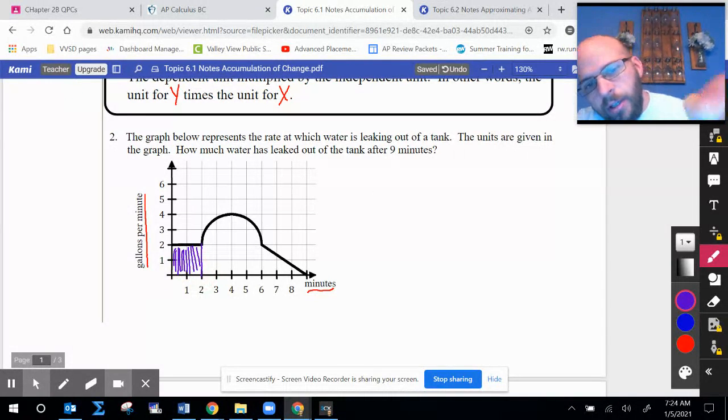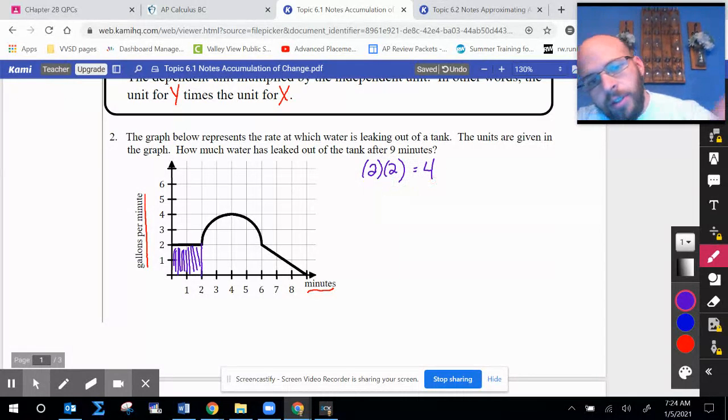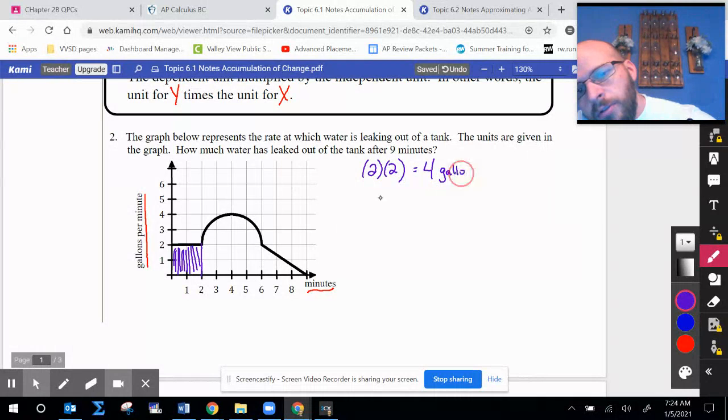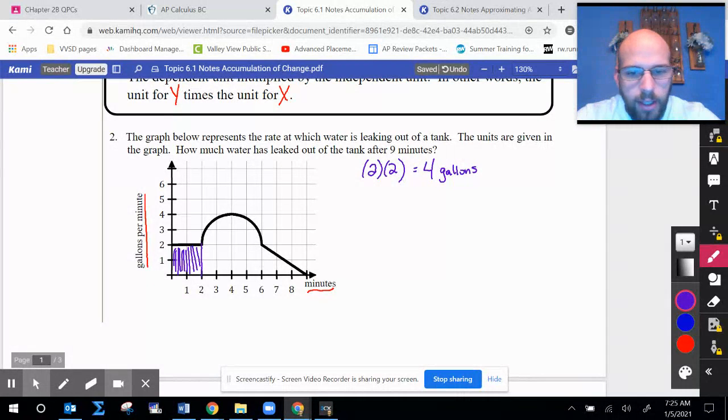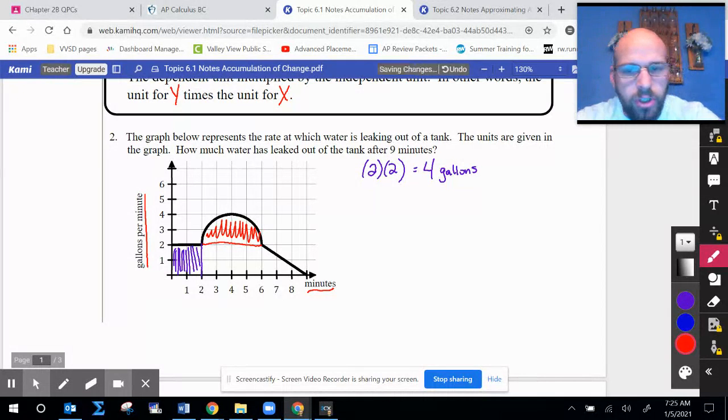So I have a little square here. I'm going to say 2 times 2, which gives me 4 gallons. And then I have a little semicircle on top here. The radius of that circle looks to be 2.